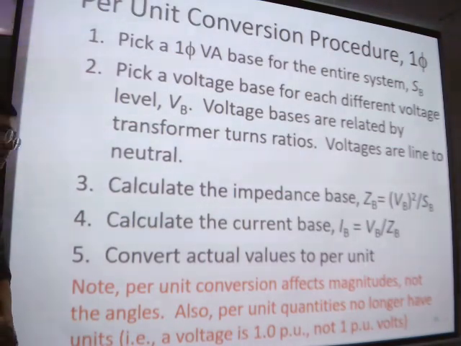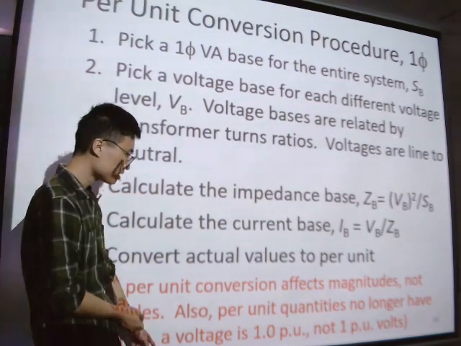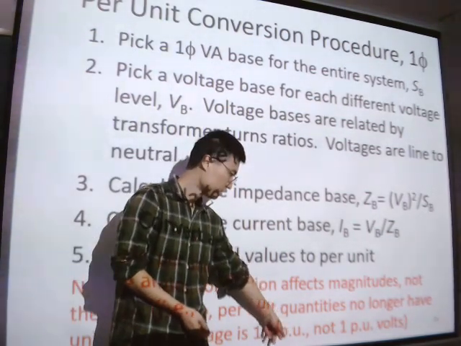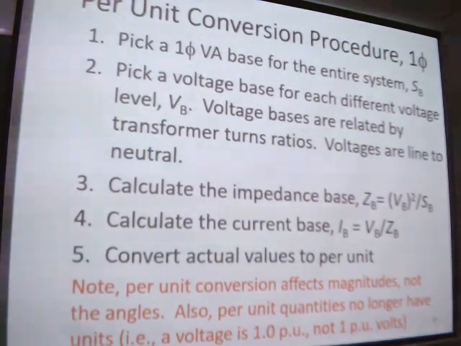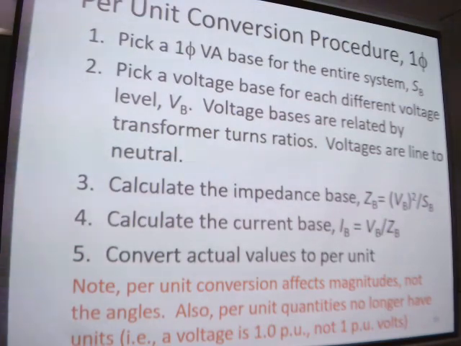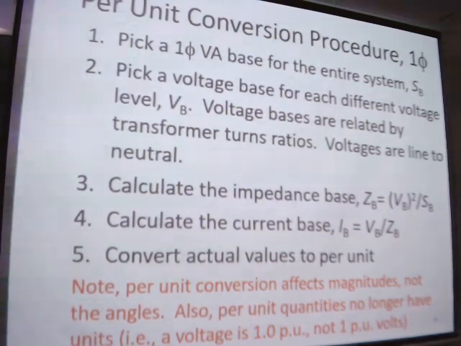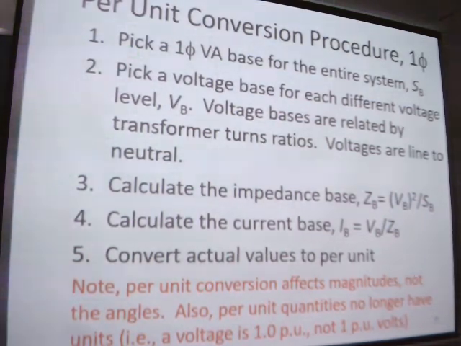Okay, so the second point is that per unit quantities no longer have units, that's like 1 PU. Here, P.U. is just the expression of the per unit.